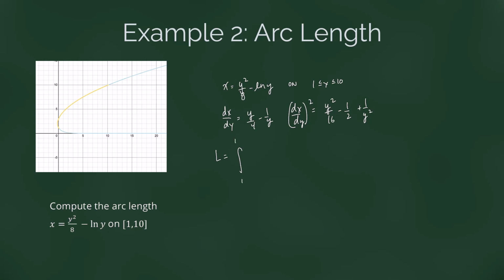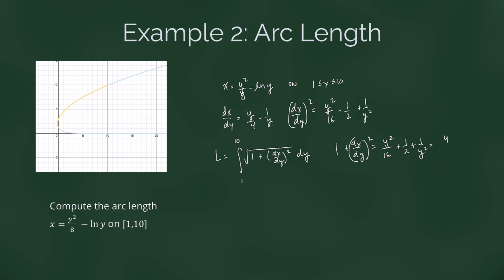We know that our length is the integral from 1 to 10 of the square root of 1 plus dx dy all squared with respect to y. Adding 1 to dx dy squared gives us y squared over 16 plus 1/2 plus 1 over y squared.